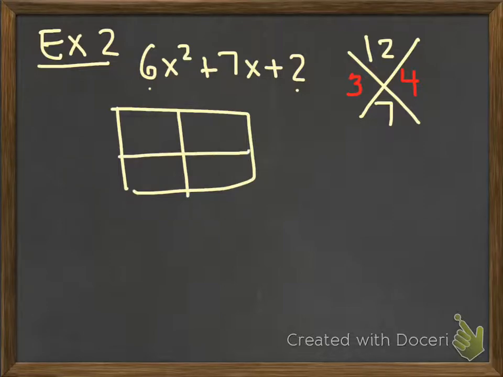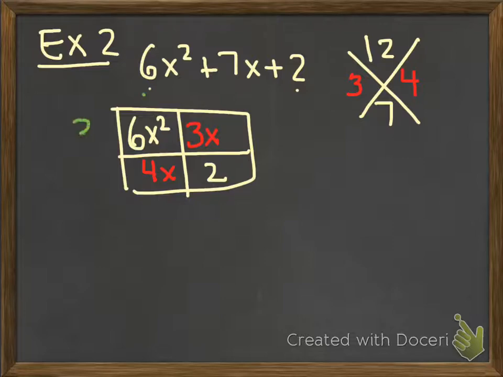The first term, 6x squared, goes in the top left. The last term, 2, goes there, which is the bottom right. And then 3x and 4x. Okay, now, what two numbers multiply to give us 6x squared? That would be 3x and 2x. The 3x could not go here.